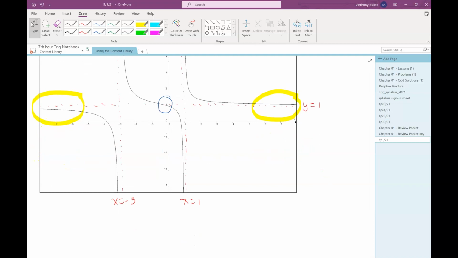Now, how do we find these algebraically? Well, the function that corresponds to the graph that I've drawn here above is this one.